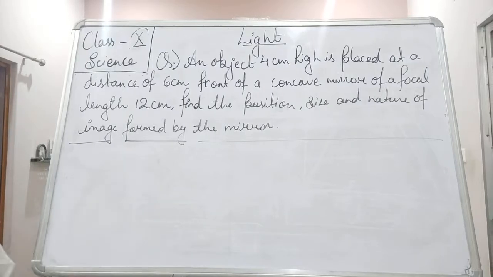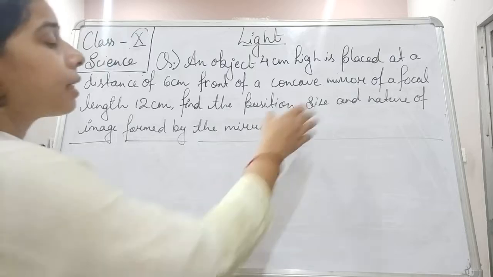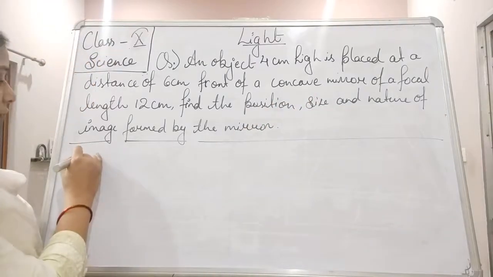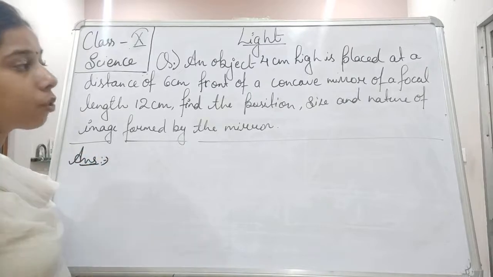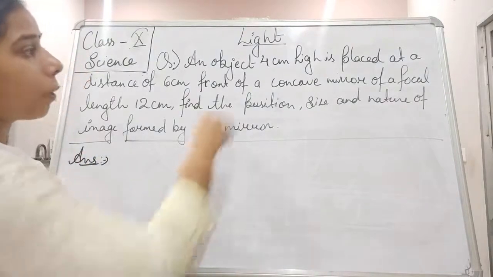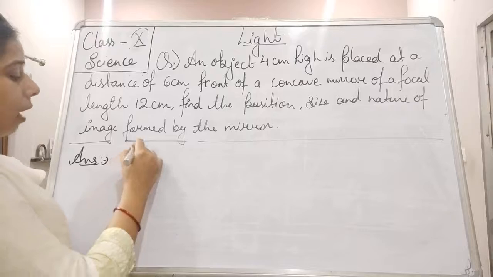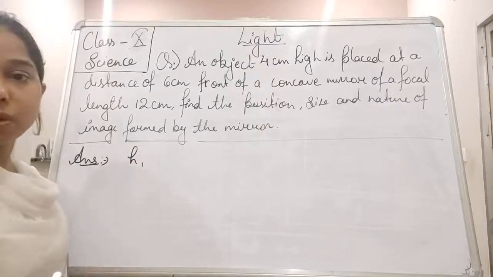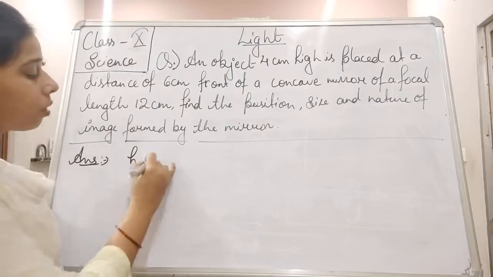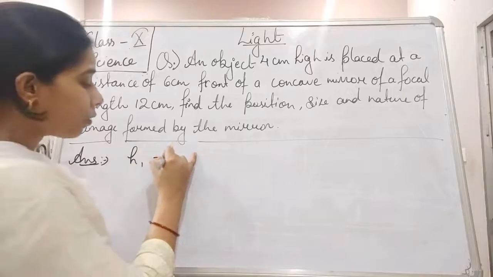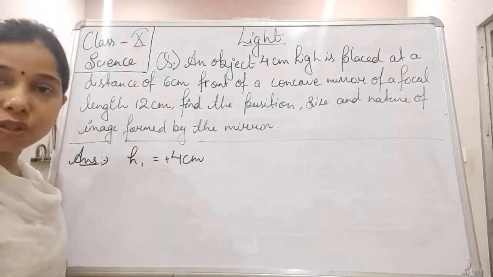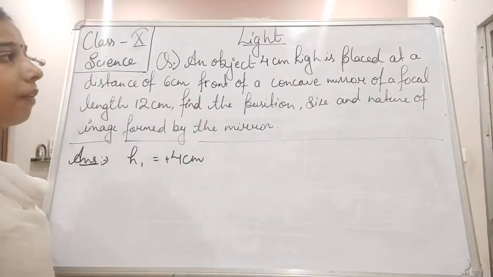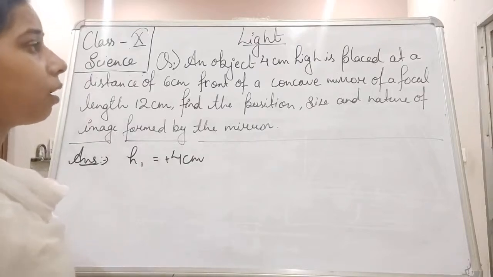Now see here, students, what are the things which are given? Since it is a concave mirror, the height of the object is given. We know that the height of the object is represented by h1, so this will be equal to plus 4 centimeter. It's quite important to mention the sign convention along with the value.